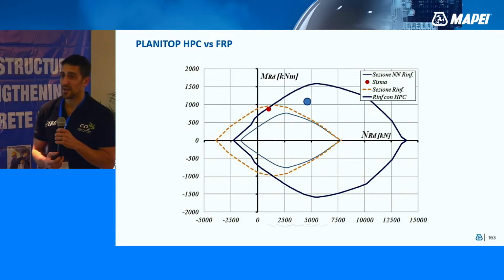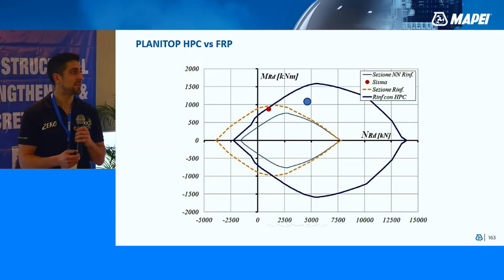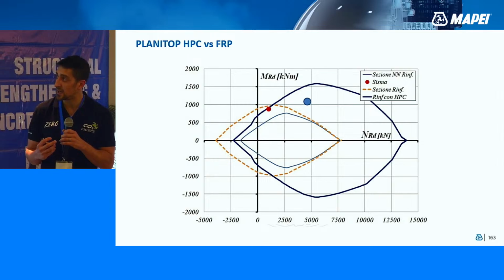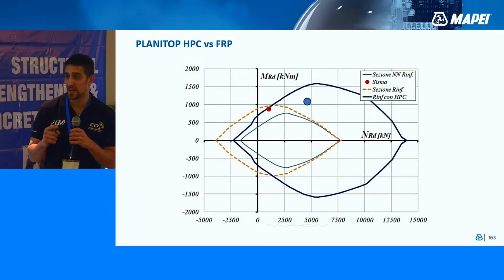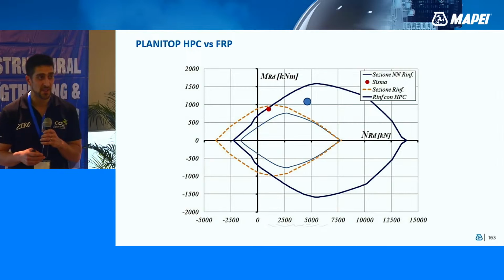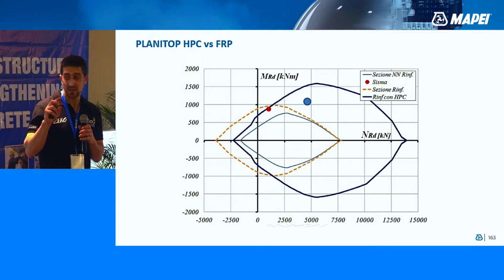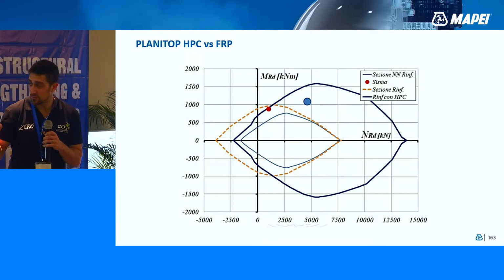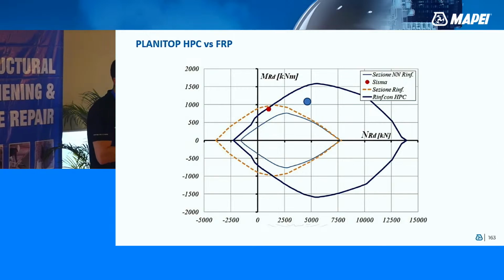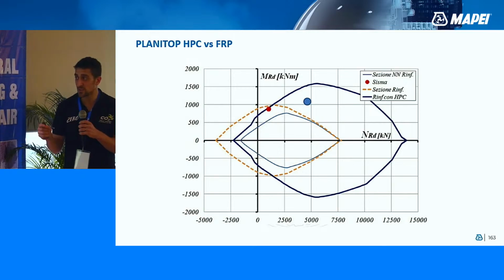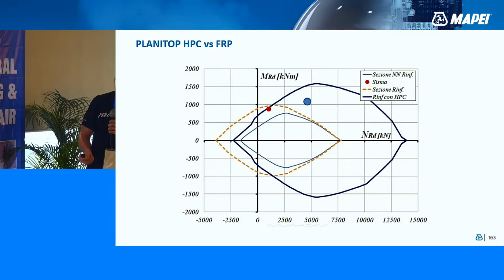Okay, this is the last graph that I would like to highlight you. There is an example, so it is an M-N interaction diagram. So basically in the center we have a core that is in light blue, that is the interaction diagram of an existing column. Then we have simulated to reinforce that column with FRP.